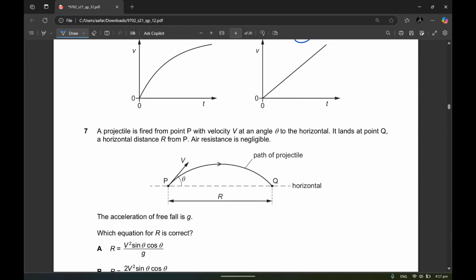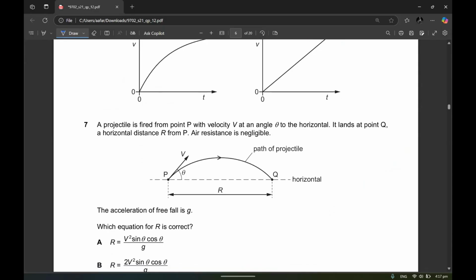A projectile is fired from point P with velocity v at an angle theta to the horizontal. It lands at point Q, a horizontal distance r from P. Air resistance is negligible. Which equation for r is correct?